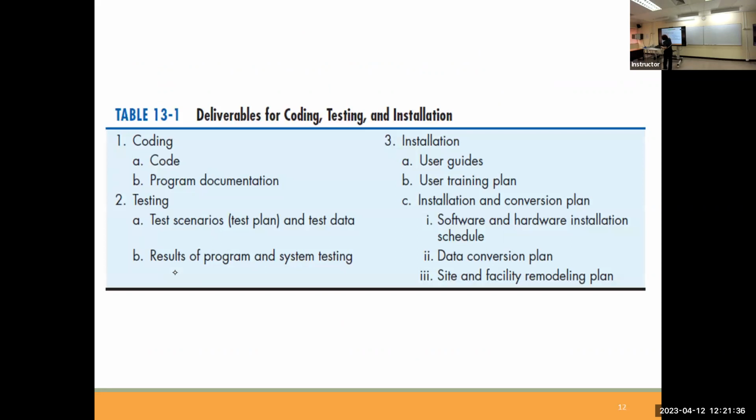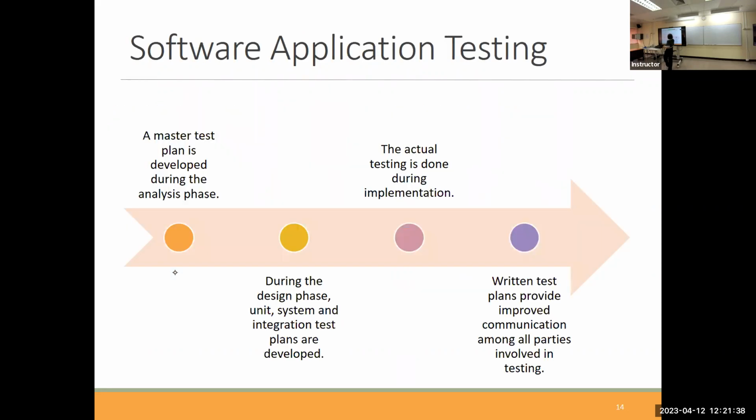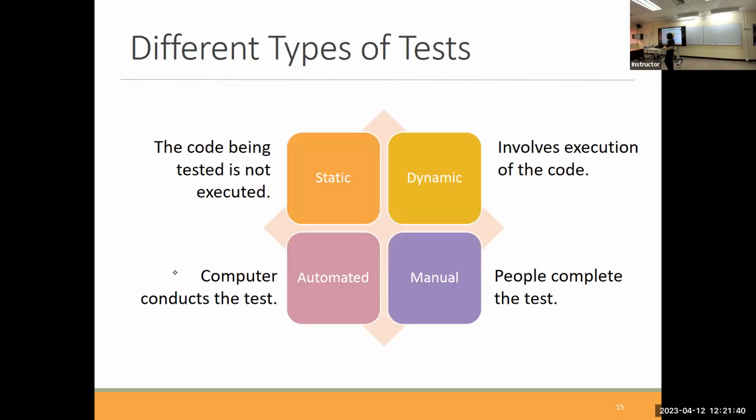So all these, coding, testing. Okay, let's talk about testing. When we do the testing, there are different types of testing that you may need to involve, because testing ensures that your system, your code, is accurate, is correct, and does the thing that the users would want it to do, right? So there are 4 types that we can talk about.